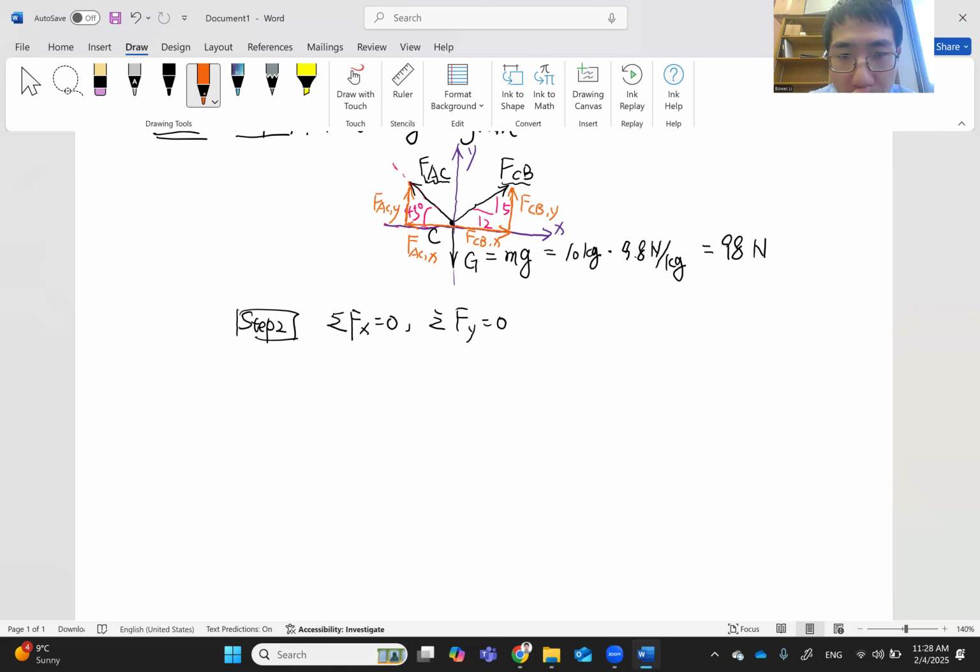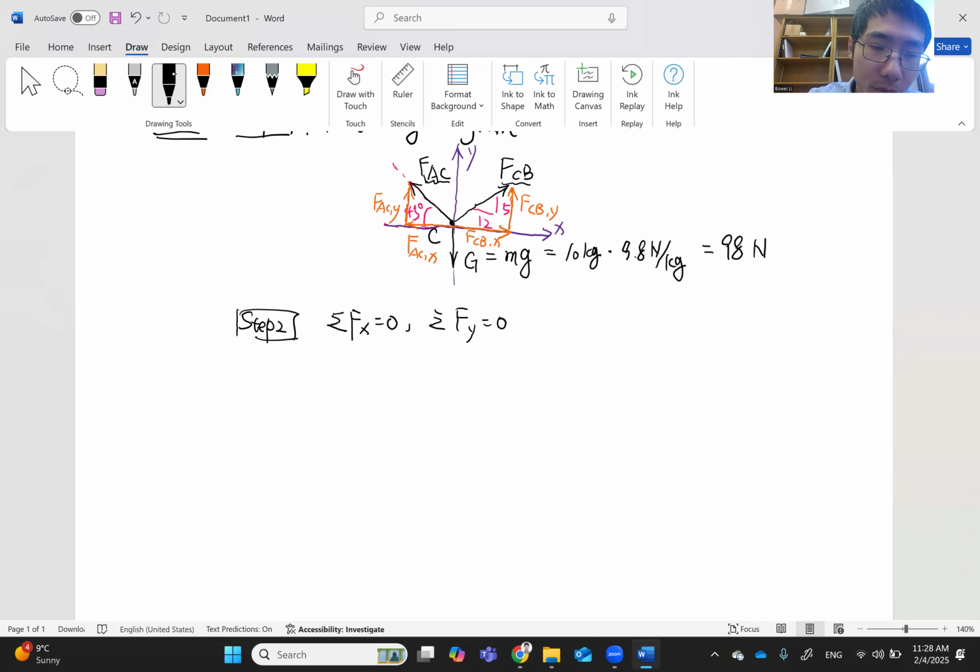So now we graphically decomposed FAC and FCB here. Please note, we also have gravity, but since gravity is already along the y direction, we do not need to decompose it further.